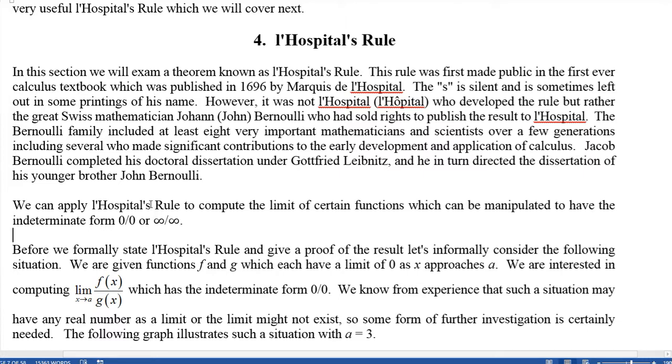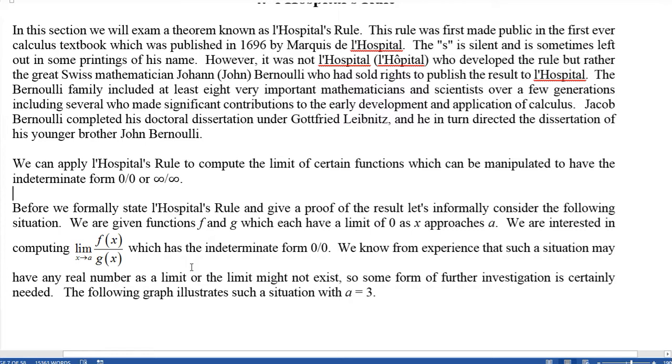And what we do with L'Hopital's rule is we're going to compute the limits of certain functions which can be manipulated to have the indeterminate form 0 over 0 or plus or minus infinity over infinity. So before we formally state L'Hopital's rule and give a proof, let's informally consider the following situation.